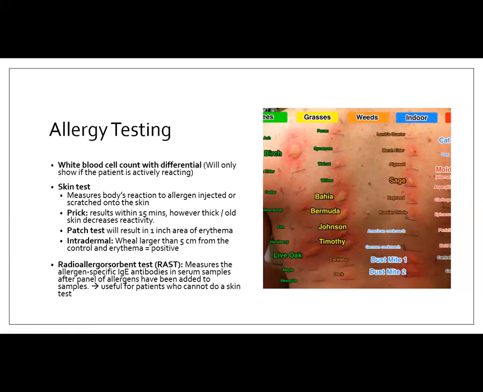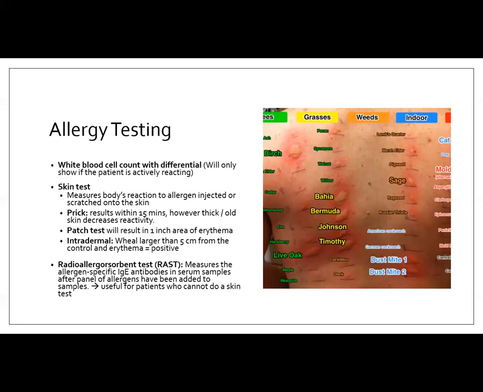So the last one is the RAST test, which measures the allergen-specific immunoglobulin E antibodies in serum samples after a panel of allergens have been added to samples. So what basically happens is they use the serum samples, they add the panel of allergens, and they see, are they developing this immunoglobulin E?